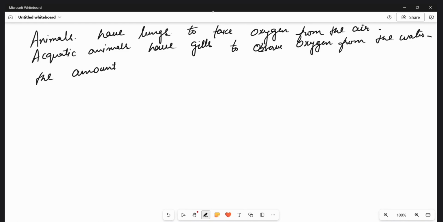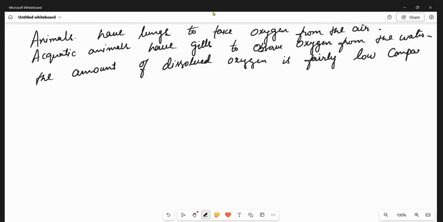The amount of dissolved oxygen is fairly low compared to the amount of oxygen in air.